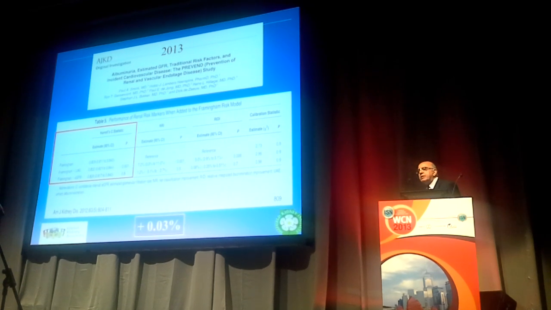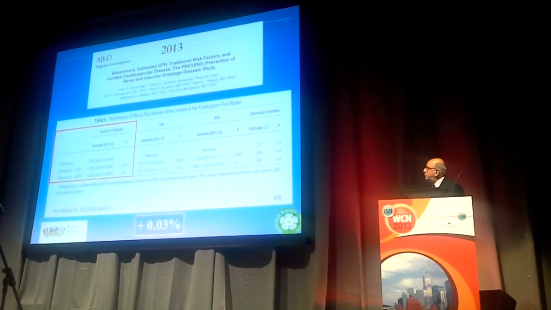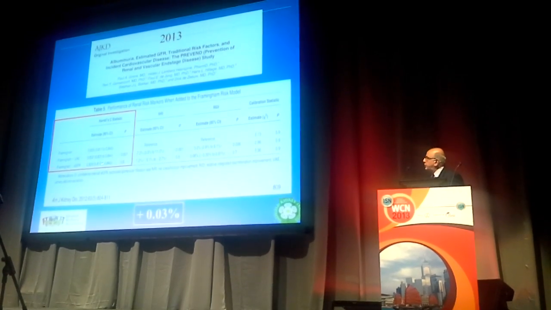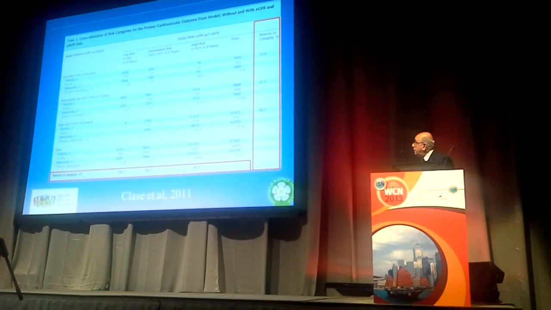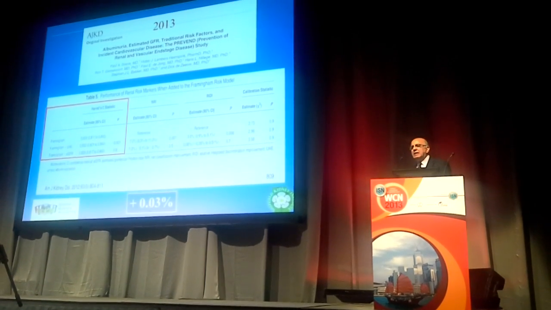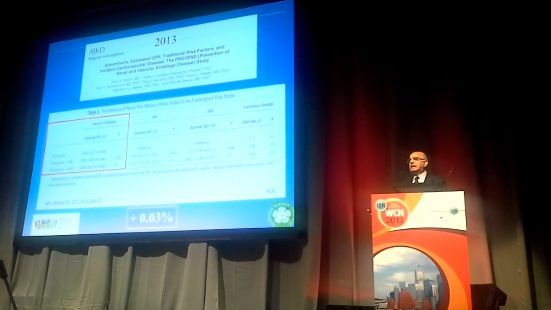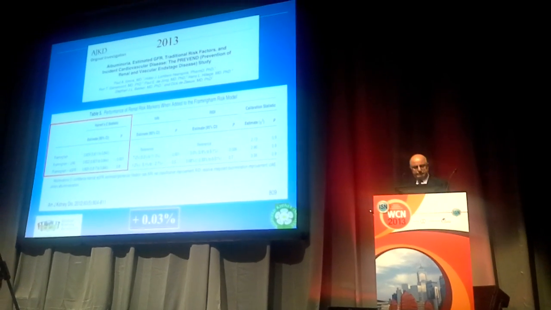It did not reclassify, it did not increase the risk prediction. Added albuminuria, and it marginally increased the risk prediction by 0.03%. It was statistically significant, but is it really clinically significant?